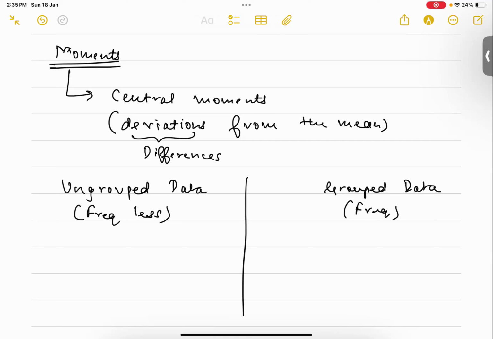So the formula over here is mu r, equal to summation x minus x bar. Now this is not modulus.